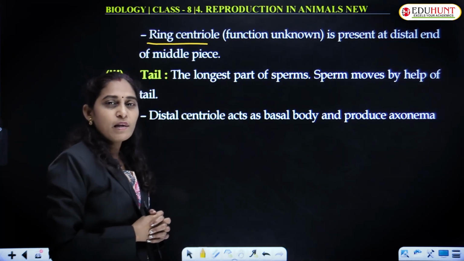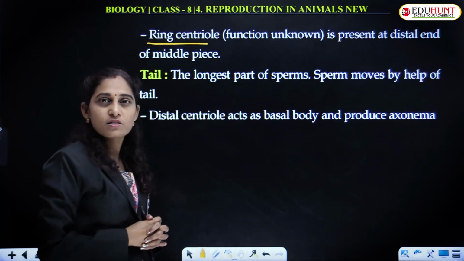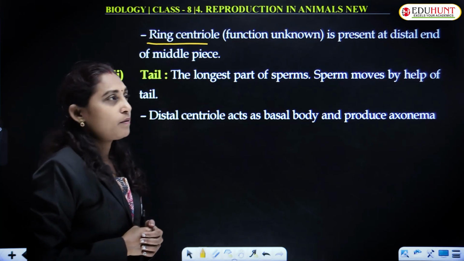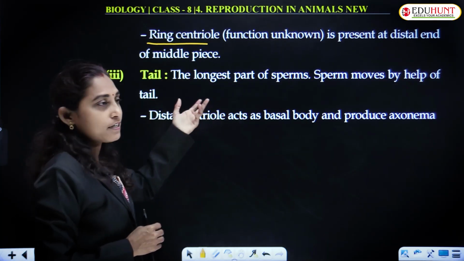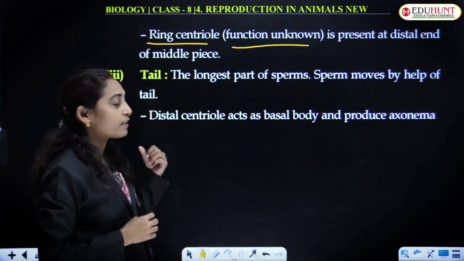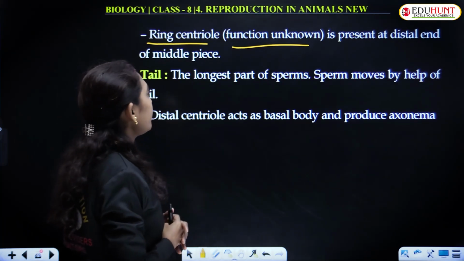Centrioles are the structures that we find in cell division, but the function of the ring centriole in the sperm is not known clearly.